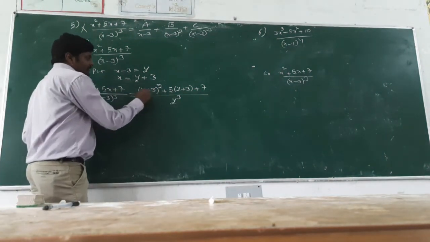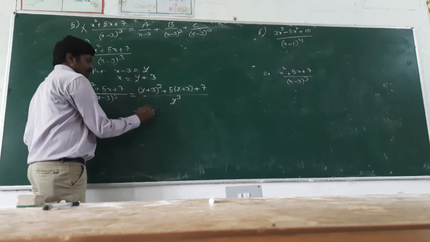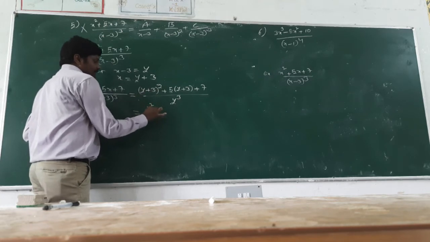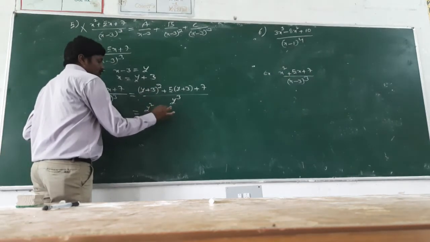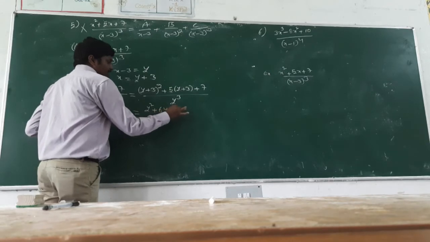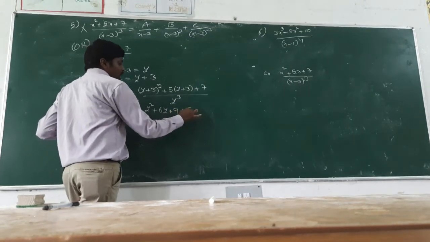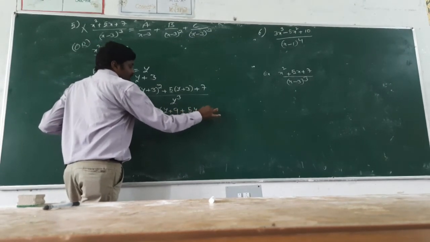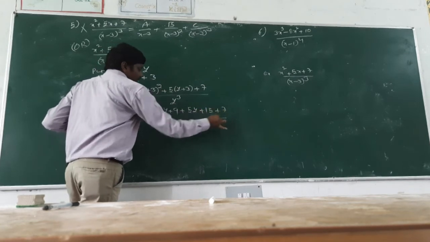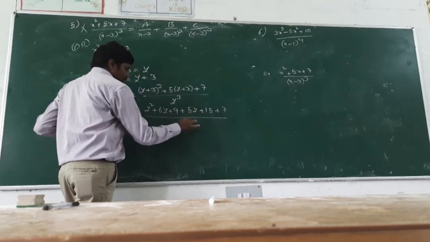Now simplify y plus 3 whole square, a plus b whole square, a square plus 2ab plus b square: y square plus 6y plus 9, plus 5y plus 15, plus 7, by y cube.